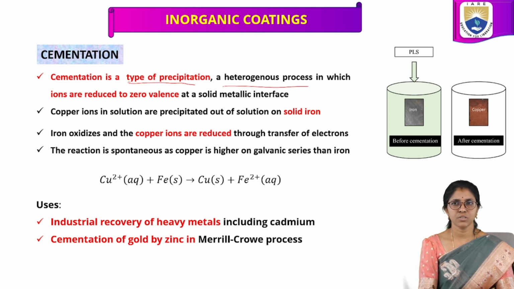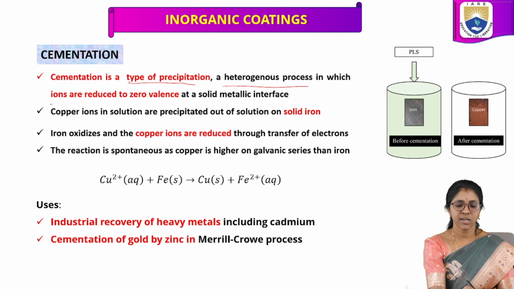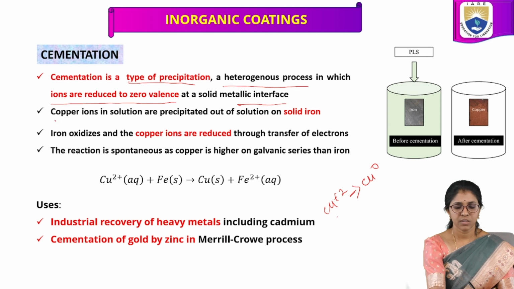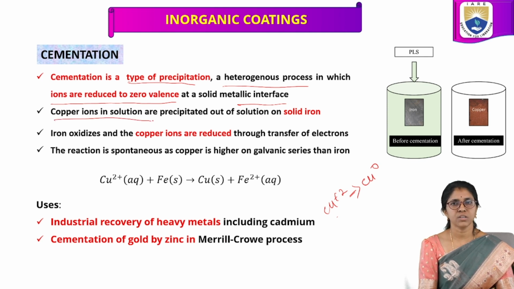It is a heterogeneous process in which ions are reduced to zero valence. Means if I take copper plus 2 ions, these will reduce to zero valence at the solid metallic interface. So the copper ions in the solution are precipitated out of the solution on solid iron.